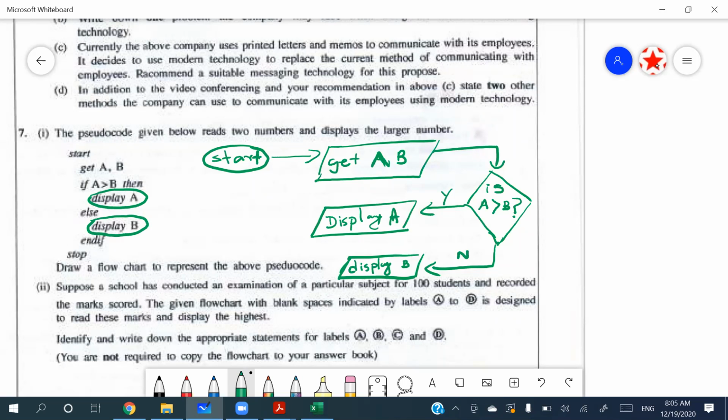So now your flow should go to an end, as well as this should be connected with this.